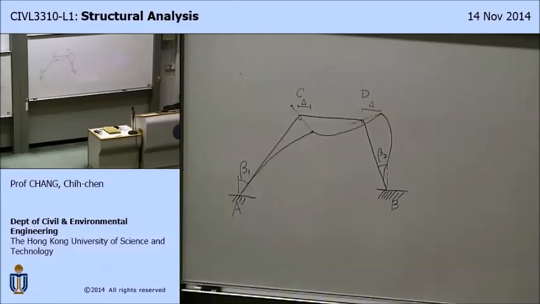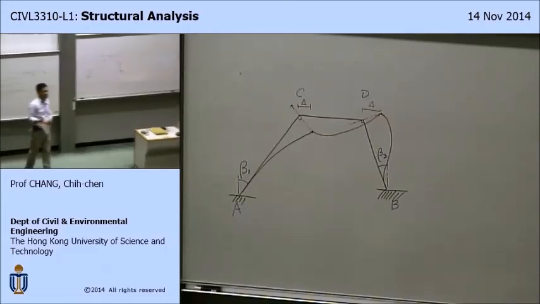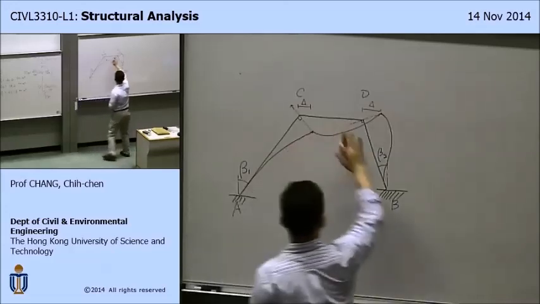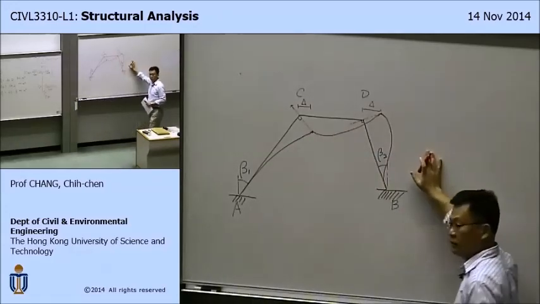If I have a loading applied, the exact deformation shape has to be confirmed once you obtain the rotation angles and translation. Then you can come back and correct your deformation shapes. But this is a potential deformation shape.